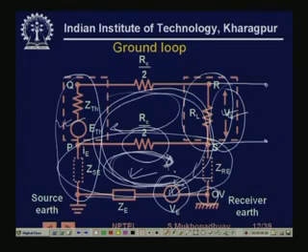But in general, differential measurements, where you take 2 points and both wires are fed, are generally more accurate. So, this is one of the problems where you have multiple grounds which are connected by not so high impedance paths, and where there is a difference between the ground potentials.